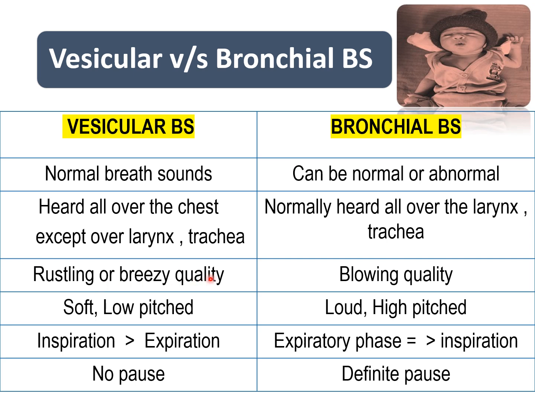Vesicular has a rustling and breezy quality, and bronchial has a blowing quality. Vesicular is soft, low pitch. Bronchial is loud, high pitch, hollow. In vesicular, inspiration is longer than expiration. In bronchial, both are equal or the expiratory phase is longer than inspiration. In vesicular there is no pause; in bronchial there is a pause between inspiration and expiration.